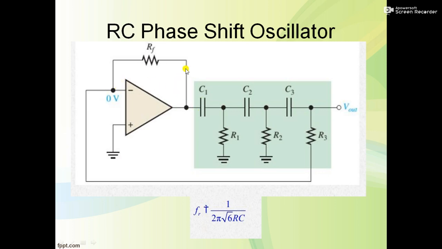In another part of the circuit there is the op-amp, and this RC network we are using as a feedback network.